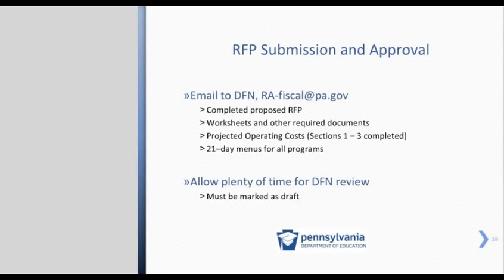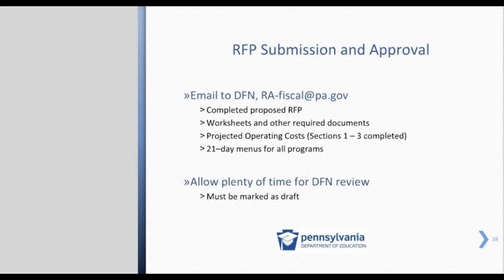If you do submit the completed RFP to us for review, please make sure it's marked as draft, and you need to include the RFP, the worksheets 1 through 4, and on the projected operating cost, which is worksheet number 5, you'll complete sections 1 through 3, and we'll be reviewing those worksheets in detail later on in the presentation.